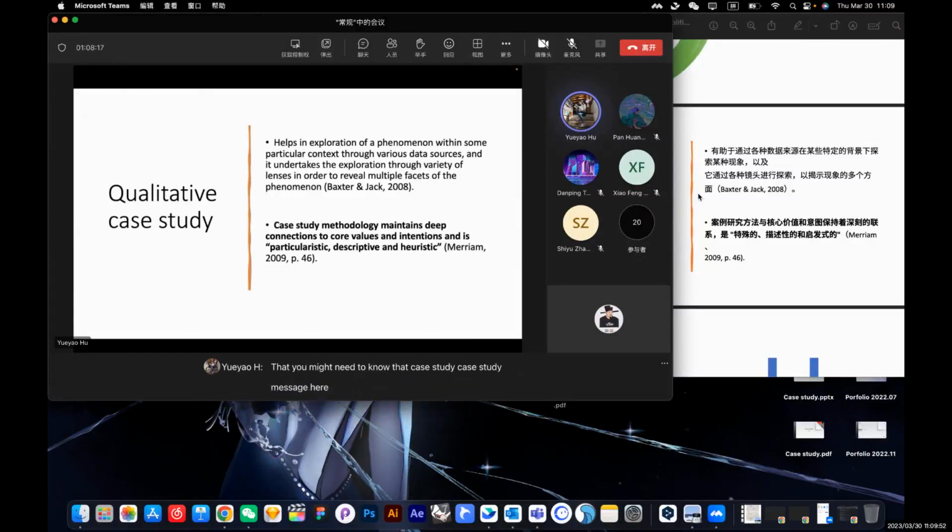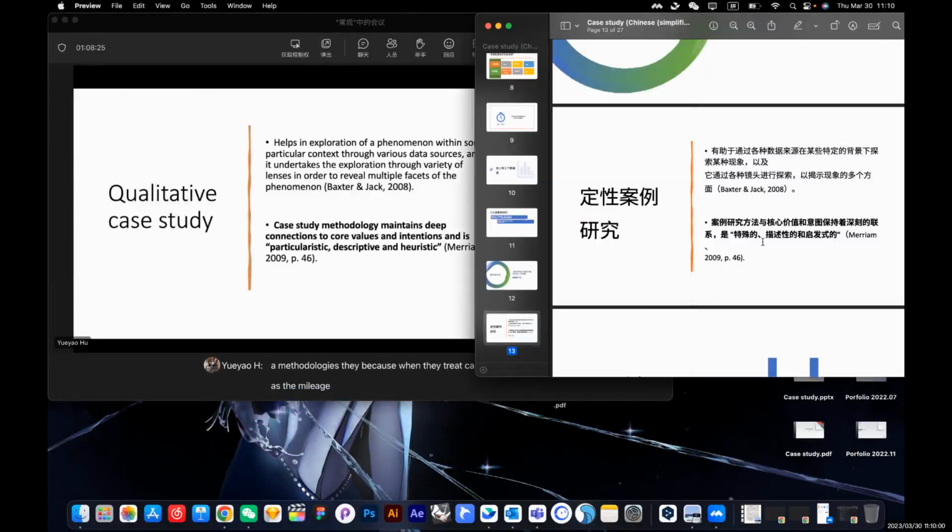Did you see? Some people treat case study as a methodology, because when they do, they take case study under a quantitative research perspective. Then they think it's a methodology. But in most academic areas, we treat case study as a method.